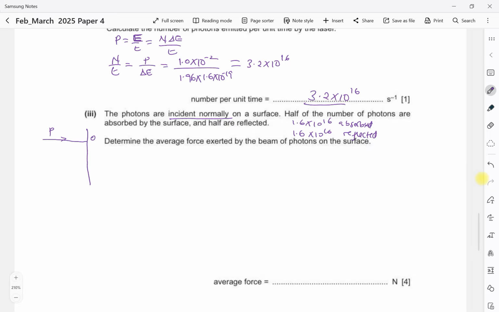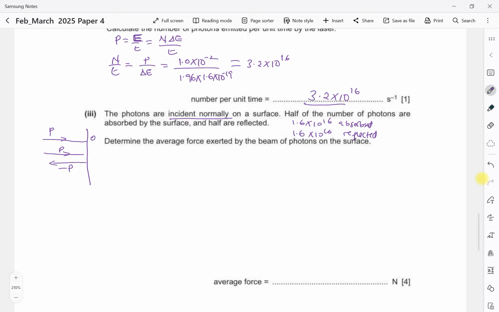The other half come with a momentum p, and then they are reflected in the opposite direction with a momentum which I'm going to call negative p. Because they are incident normally, we expect that they rebound and are reflected in the opposite direction with the same momentum. Okay, so determine the average force.